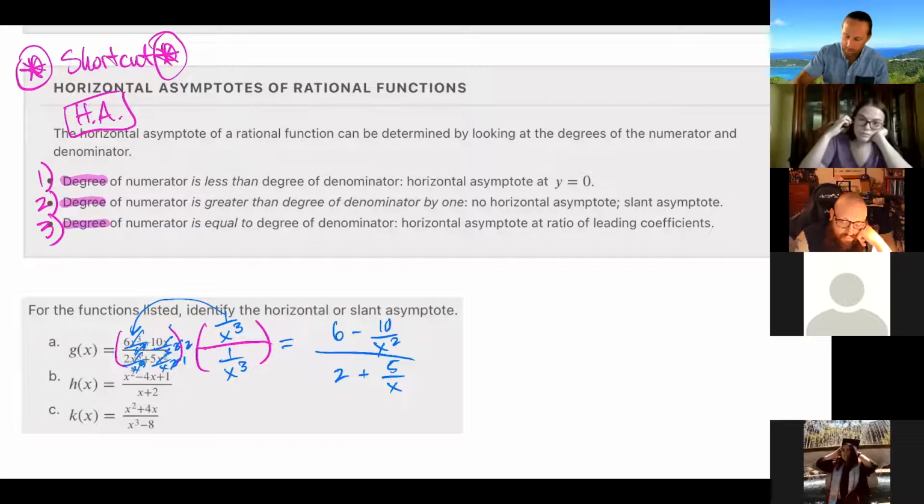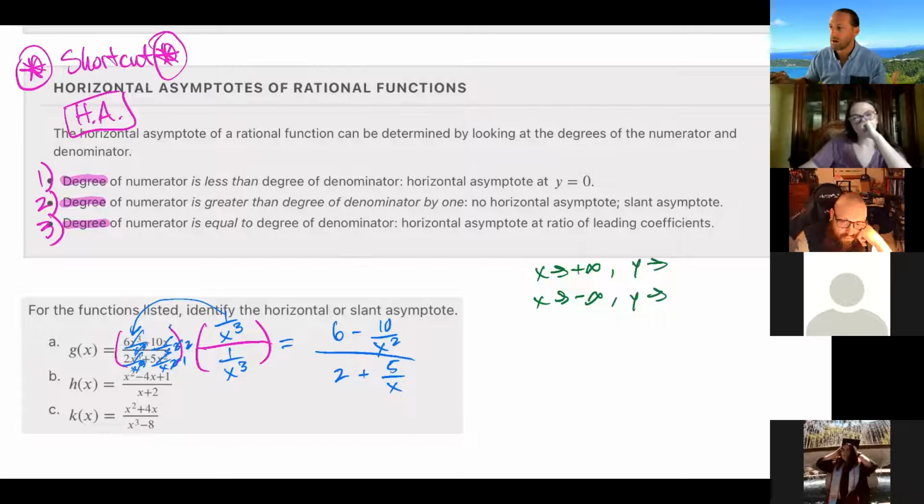Well, remember, we were trying to see, when our x approaches infinity or negative infinity, what did our y, or f of x or g of x, approach? And we said, we can't plug in infinities. But what happens if I plug in an infinity there and square it?